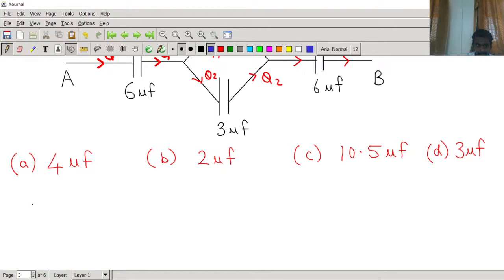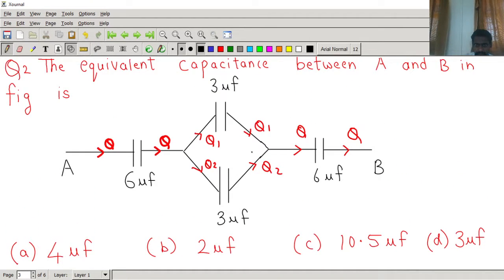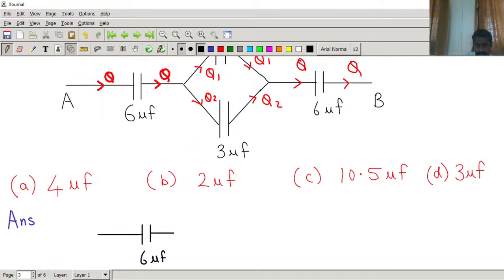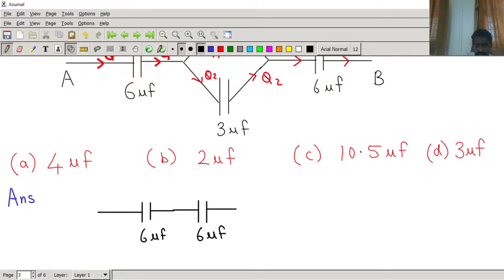We will draw this circuit diagram, and there will be 3 capacitors between A and B. The first capacitor is 6 microfarad, the parallel combination of 3 and 3 becomes 6 microfarad, and another capacitor is also 6. So this is a simplified diagram.